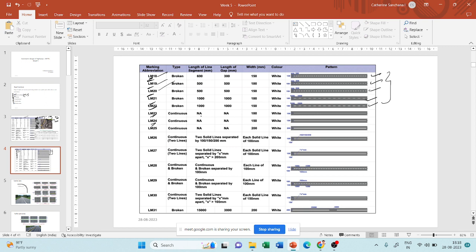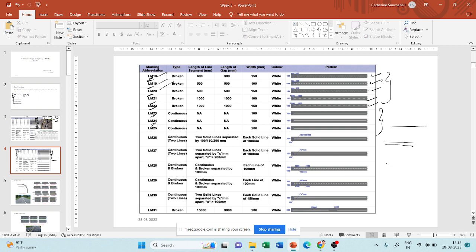So these are broken lines. You will see continuous lines, right? And sometimes you will see double continuous lines. We will see what each one signifies. Just know that there are many combinations or many types of longitudinal markings.